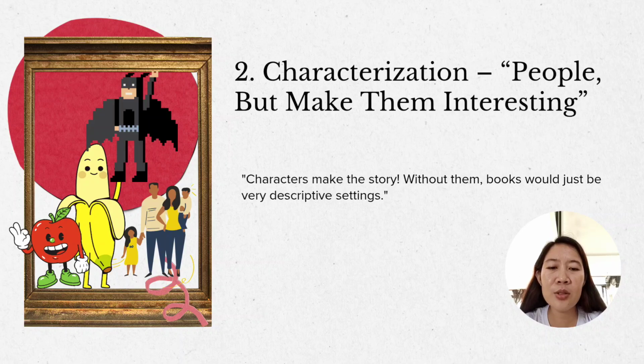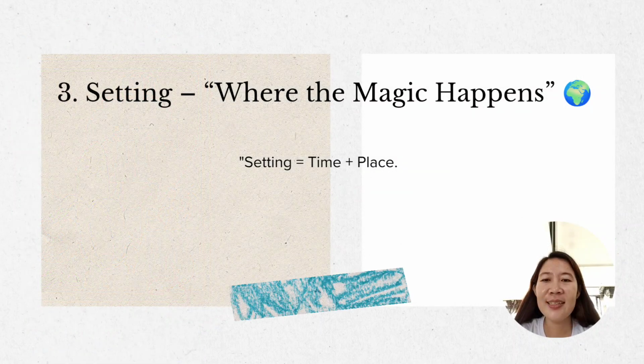Now, let's go to number three. The number three is the setting. The setting is where the magic happens. So, the setting is equal to time plus place. It can be as simple as a small town or as wild as a galaxy far, far away.